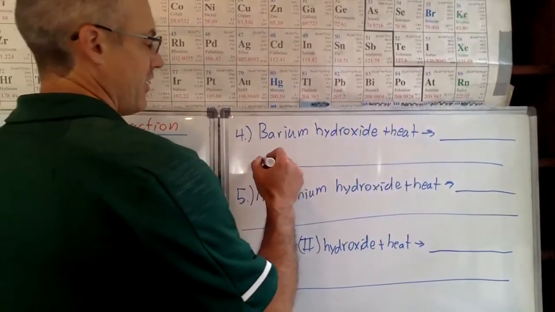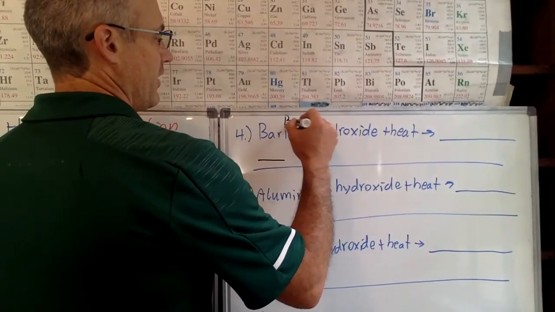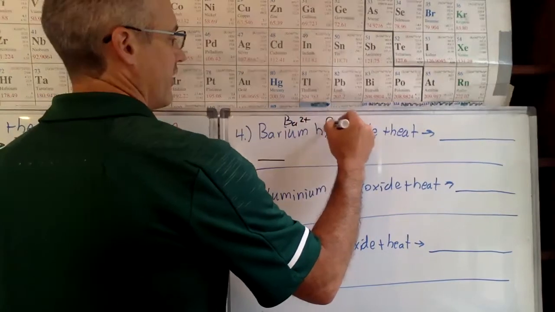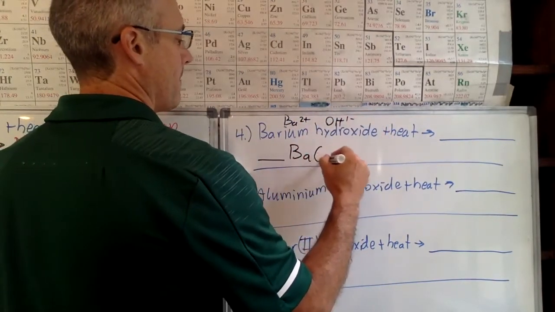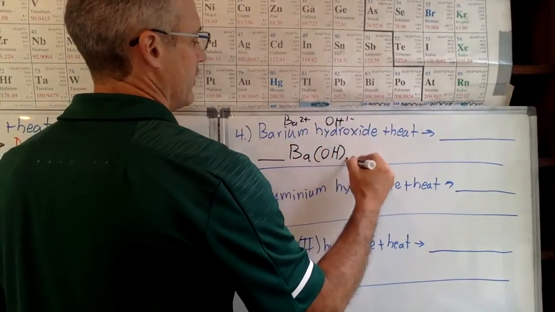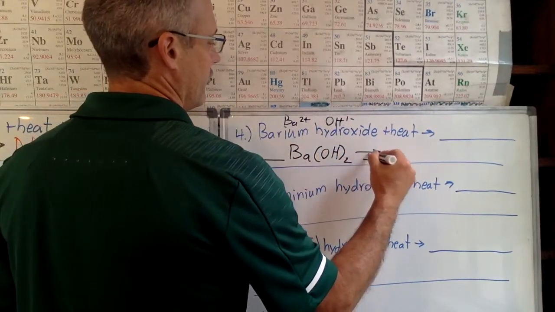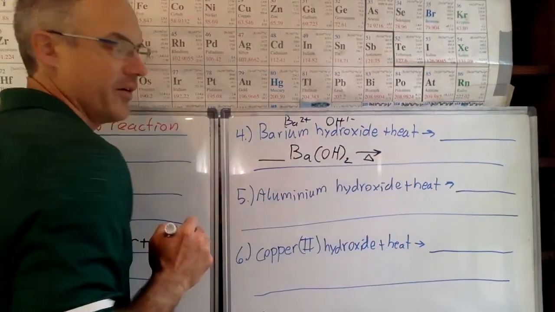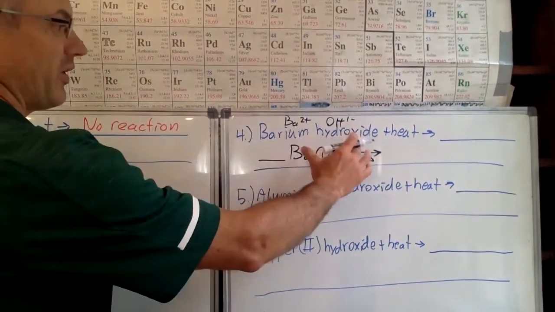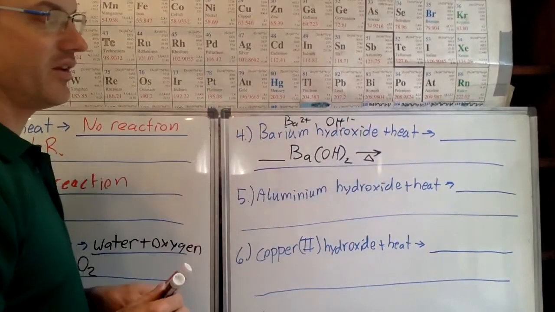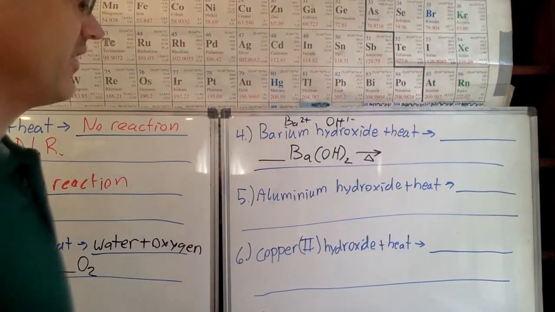So we have barium hydroxide. Barium is a 2+, hydroxide is a 1-, so it would be Ba(OH)2. These are all thermal decomposition reactions, so we do have the plus heat with the triangle underneath the arrow there.